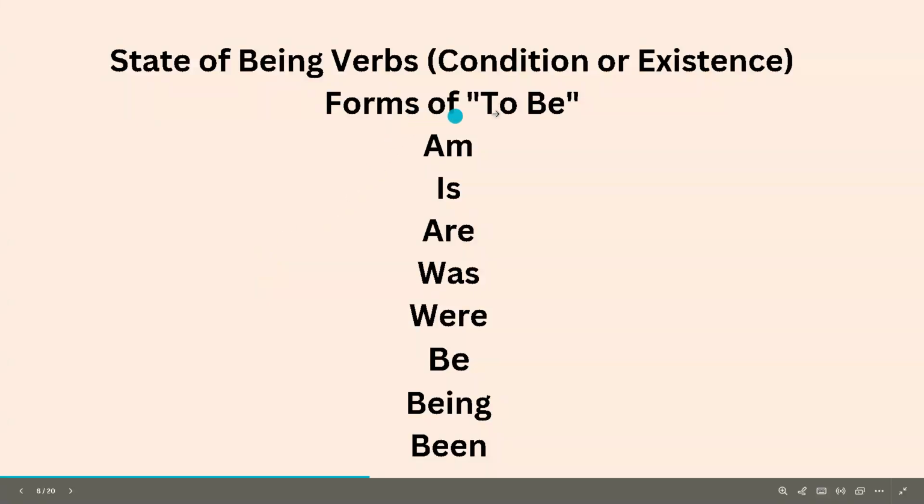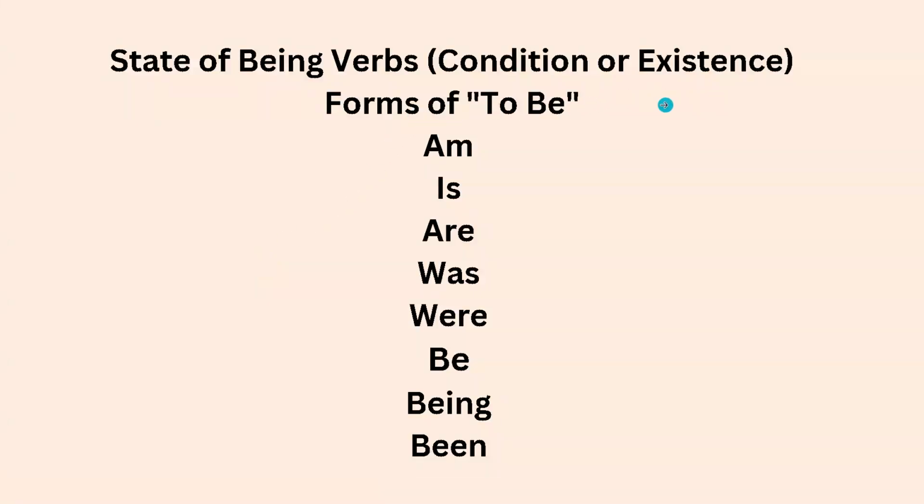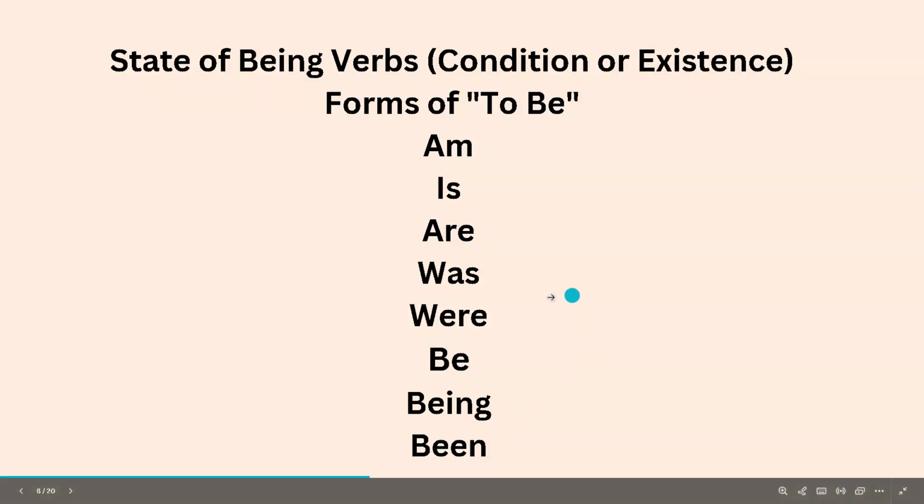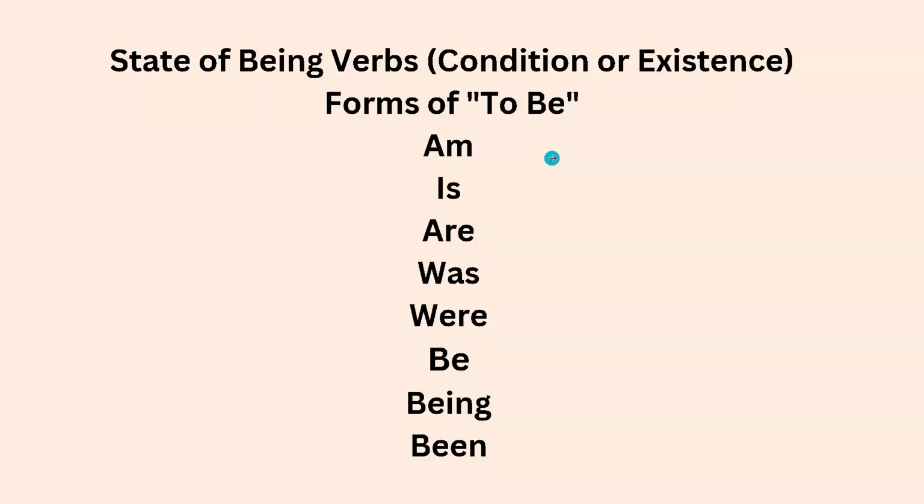Then state of being verbs, condition or existence. Here you see what verbs we are using to show the condition: being, been, be, were. So when it is singular, I am. Some verbs we will be using for singular and plural. So here they were. If it is in third person, we say they were.